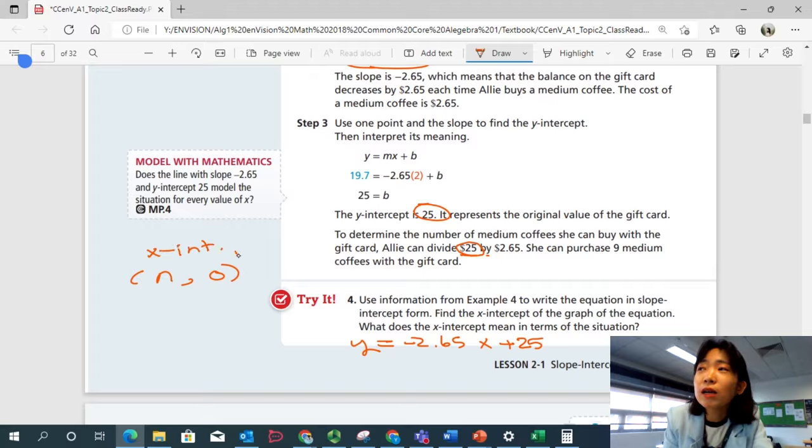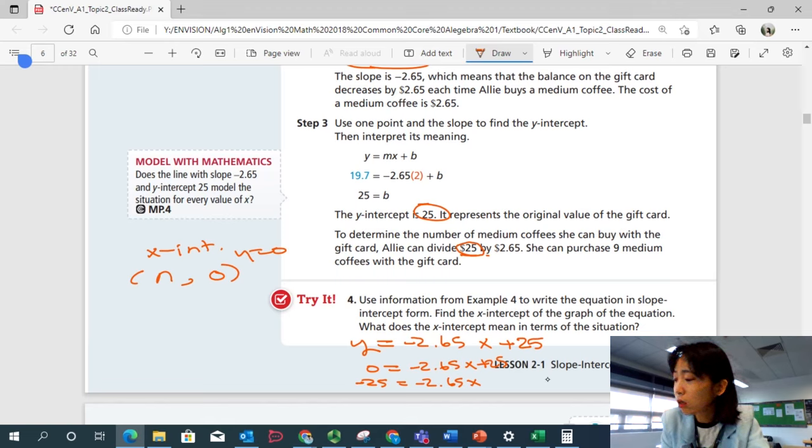So if you know that your y value is always 0, you can set your equation to 0 equals negative 2.65x plus 25 and solve for x. That means you have negative 25 equals negative 2.65x, and plugging that into the calculator, your x is about 9.43.